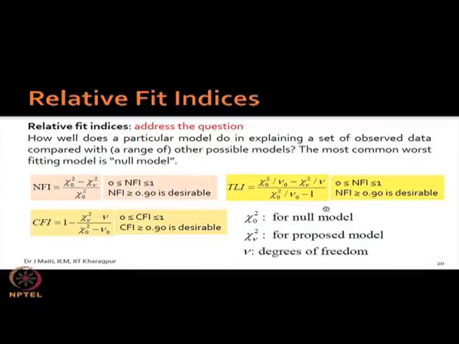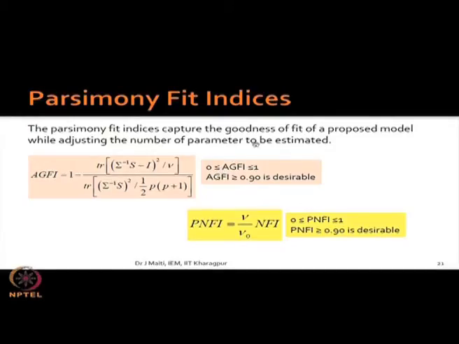You see, ultimately they take into consideration the chi-square value of the proposed model and a worst fit model, which is known as the null model, and the comparative indices are developed. The higher the index value, the better; 0.9 or more is required.